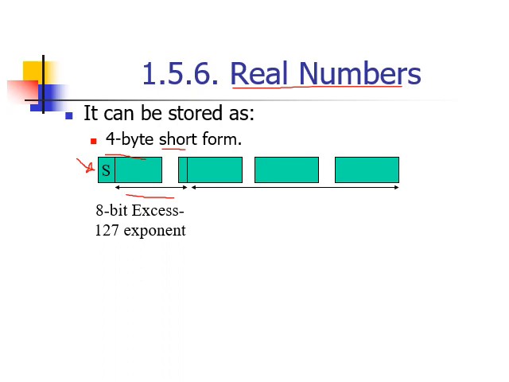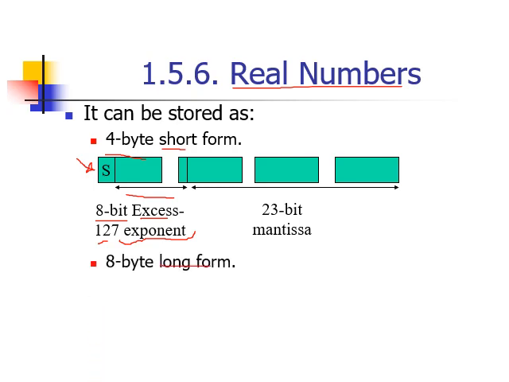And we call this the 8-bit excess 127 exponent, because the exponent is represented by the number plus 127. All right, so we have 23 bits for the mantissa, 8 bits for the exponent, and 1 bit for the sign.